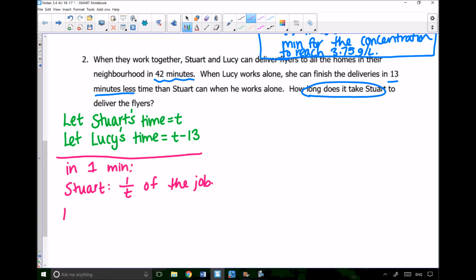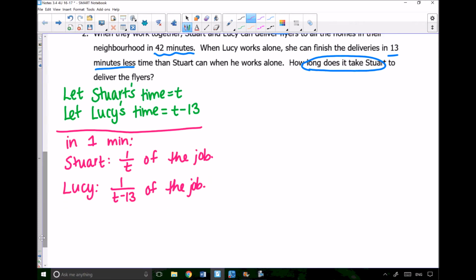We know that in 1 minute Lucy can complete 1 over t minus 13 of the job, because again it takes her t minus 13 minutes to complete a full job. And then together we know that they can complete 1/42 of a job, because it takes them 42 minutes to complete the job. So what I'm going to do is write this out as an equation.